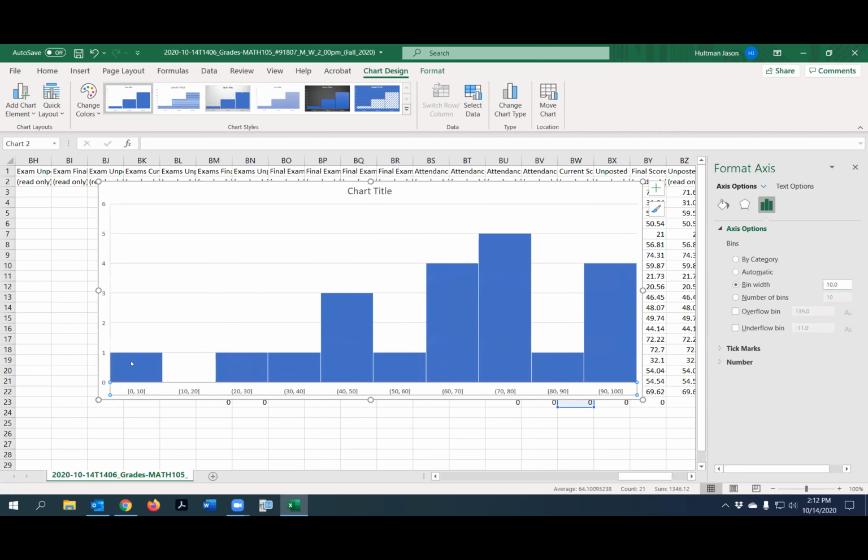Okay, so we can see it's kind of a bell-shaped curve in a way, except we have 1, 2, 3, 4, 5, 6 people that are getting below 50%. These 6 people, I'm concerned about. I don't know if you were ready for college level math or not, but if you currently have lower than a 50% in this class, you're gonna have to change your behavior.